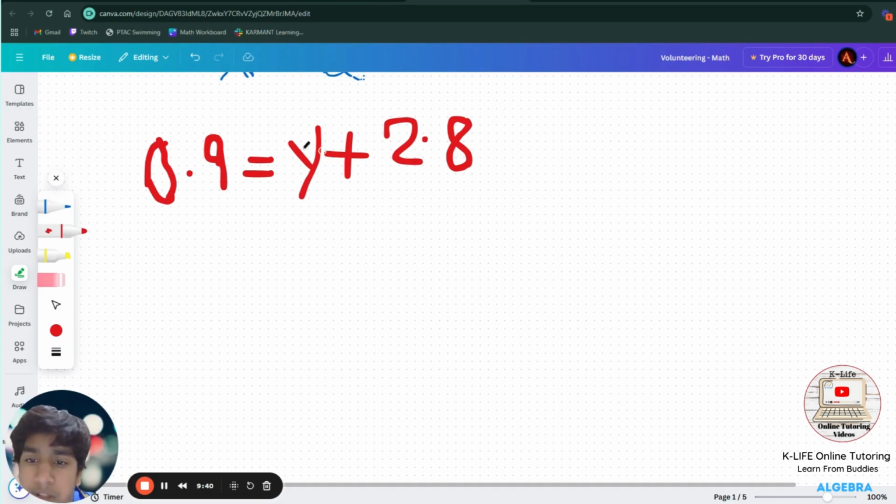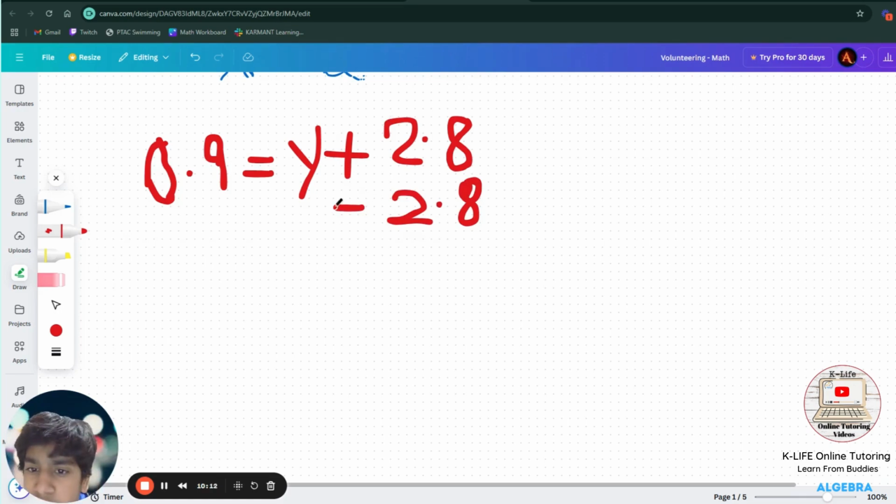So now in this case, what you have to do first is isolate the y. To do that, what do you have to do? Plus 2.8 or minus 2.8? Well, if you want to cancel out the 2.8, and it's already plus, you have to do minus 2.8 on this side. Like addition, this is the subtraction property of equality: we have to subtract the same number on each side.